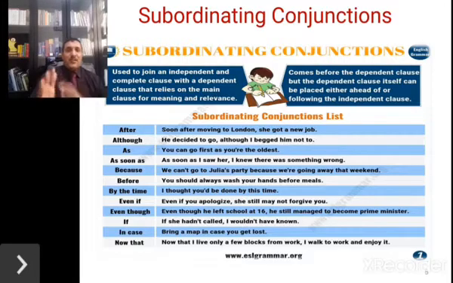So we are talking about time duration here. As soon as I saw her, I knew there was something wrong. So the moment he saw her, he noticed that she's angry, she's sad, she is walking in a way that expresses her mood of anger, and so on.